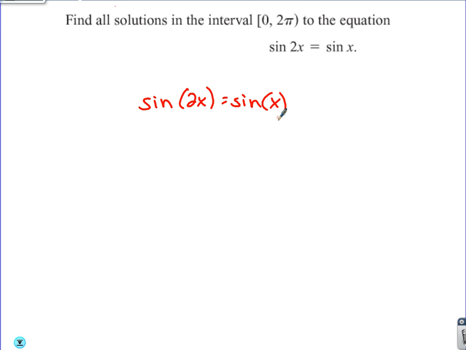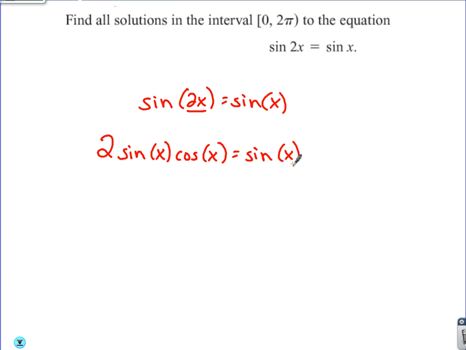First thing I notice is that 2x is going to be hard to deal with. If you look on your sheet, and you remember from yesterday, that's a double angle. We can clean that up a little bit. I can take that sine of 2x out, and I can write that as 2 times the sine of x times the cosine of x. Now, here's the only dilemma.